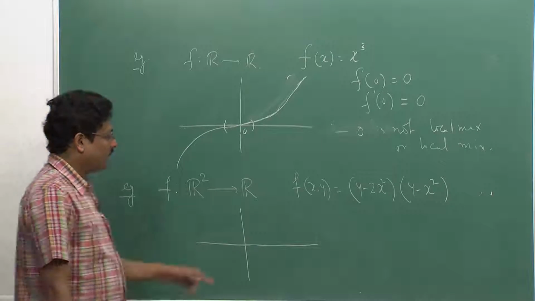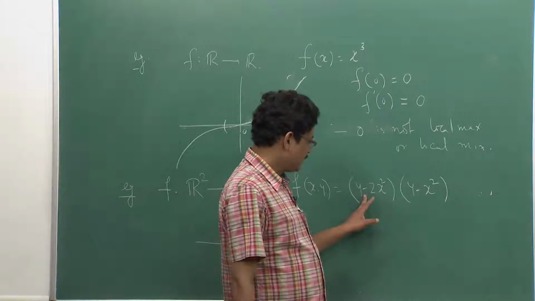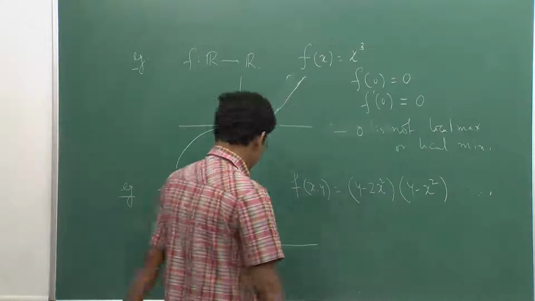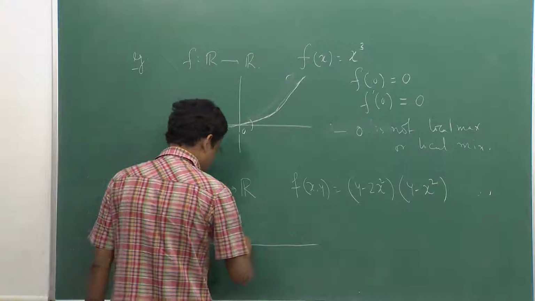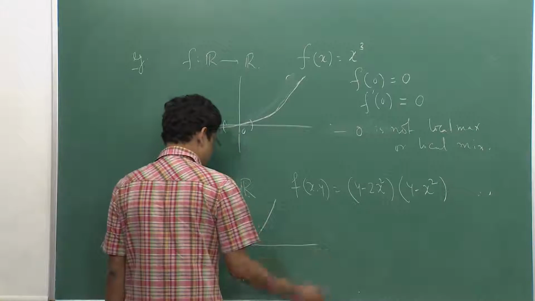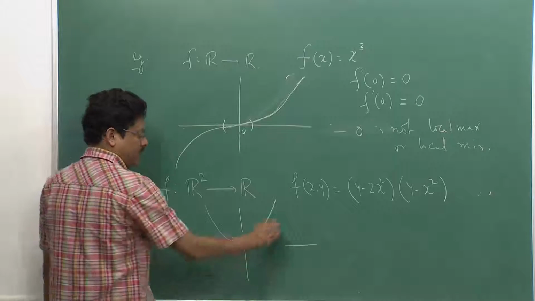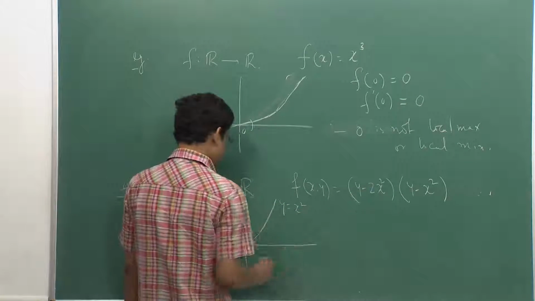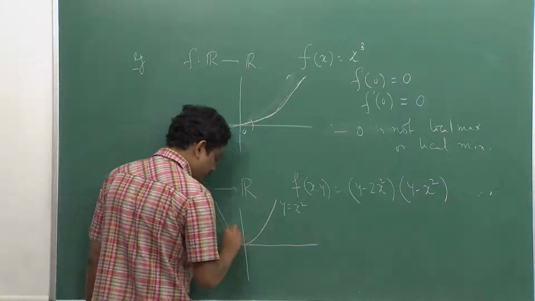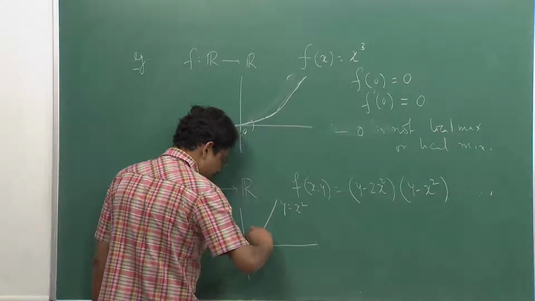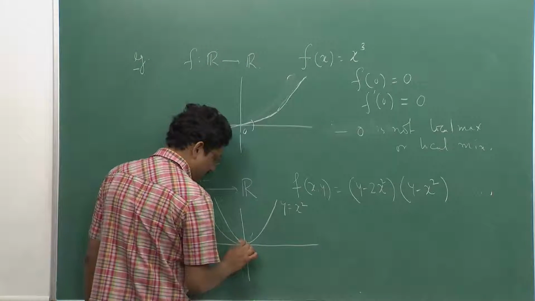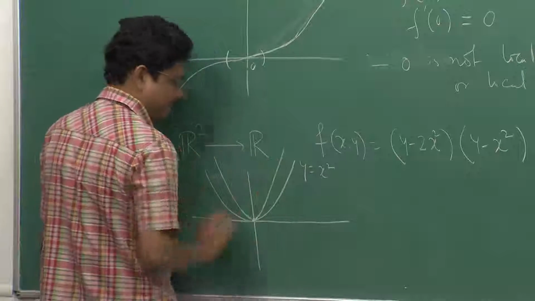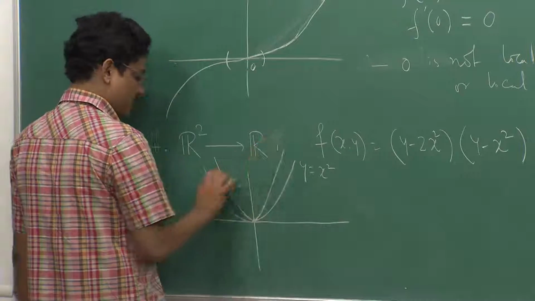Now, if you look at f of x y, it is y minus 2x square times y minus x square. Y minus x square is a parabola. This is y minus x square. Y minus 2x square is a parabola again, but this is a little stiffer. This is y minus 2x square.